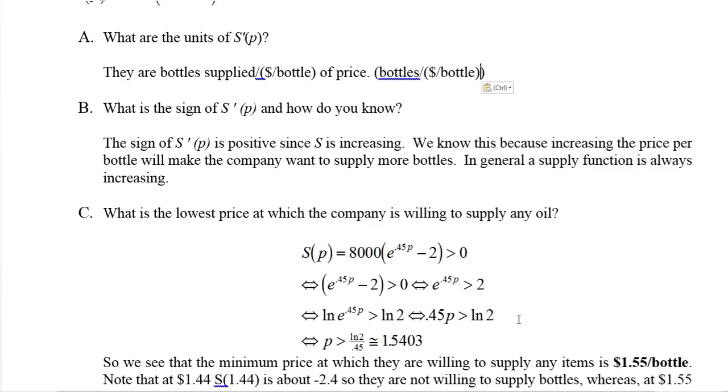That works out to be approximately 1.5403. So at about $1.55 is the least they're willing to accept. If you did this with dollars and cents, rounding off to the nearest cent, at $1.54 you'd find there's not enough of that, but at $1.55 per bottle, they will do some.